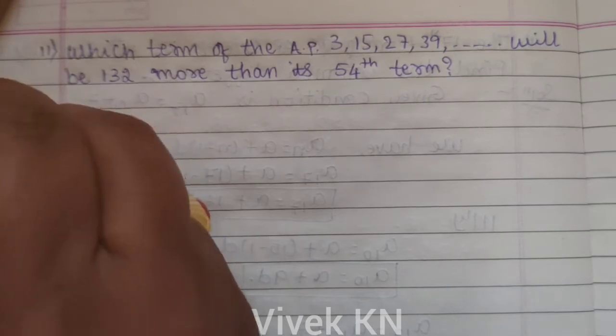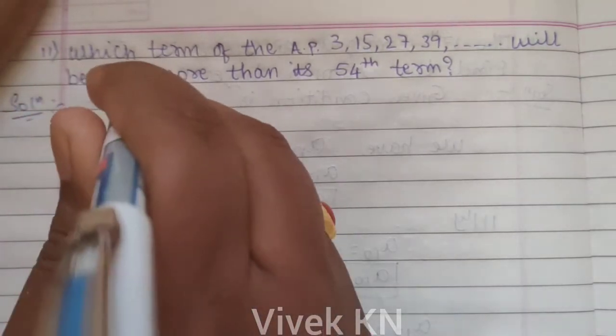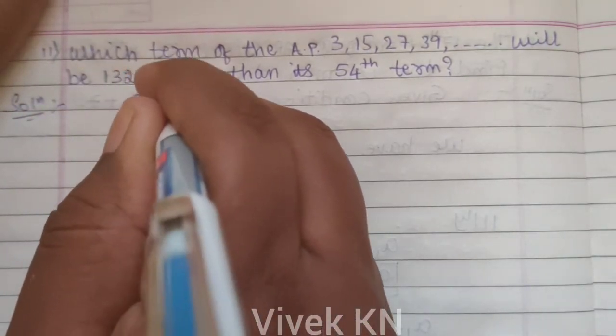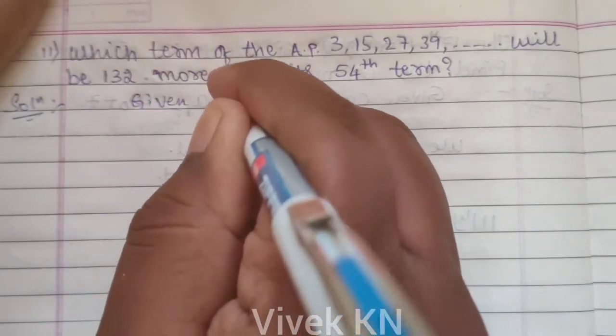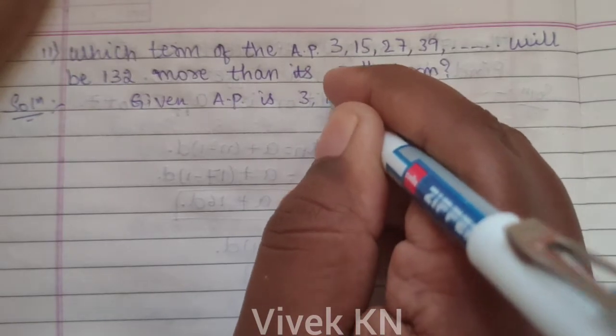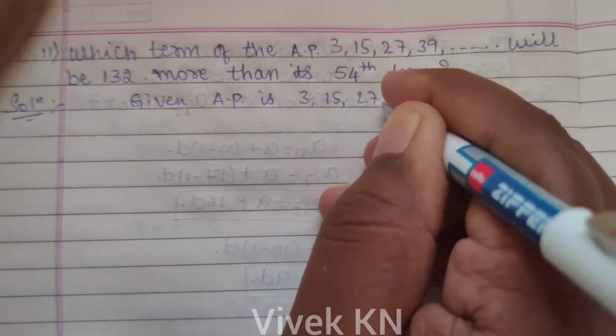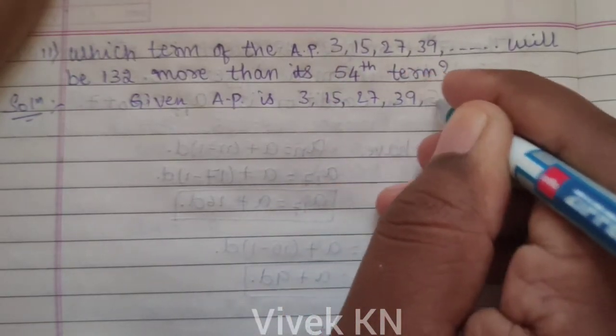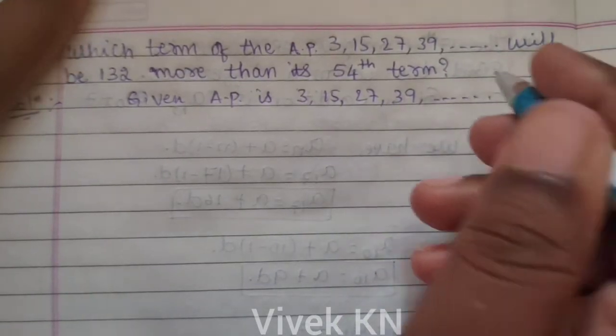Solution. Given AP is 3, 15, 27, 39, and so on.